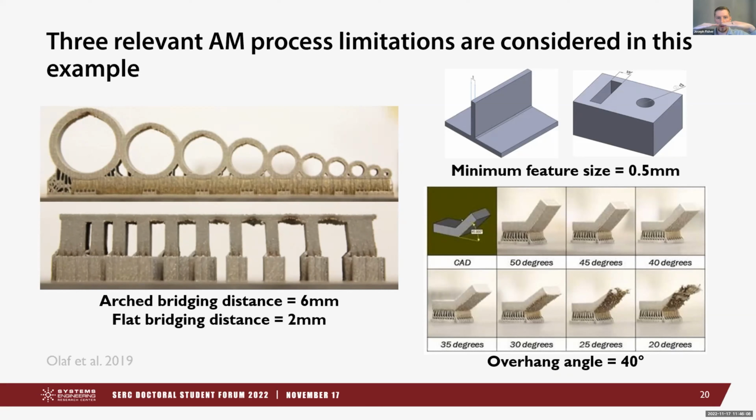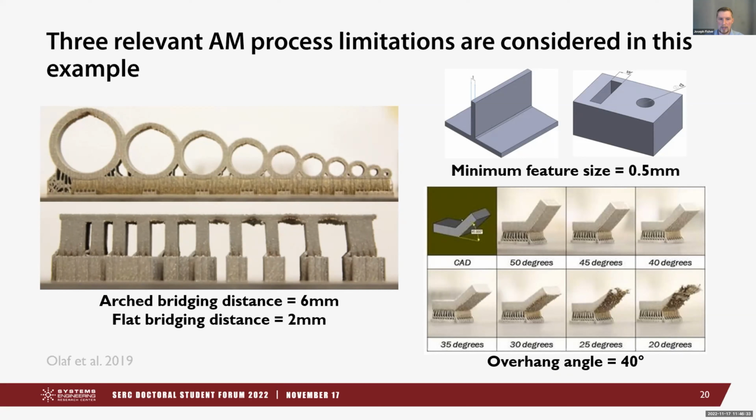The flatter you are trying to build over empty space, the trickier it often is with additive manufacturing. So we've defined limits on what we think are applicable for our process. There's a minimum size that we can print based on, in this case, the size of our laser and the size of our powder. So we can reach about a 0.5 millimeter without losing the integrity of the design.